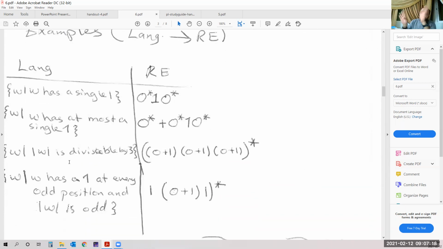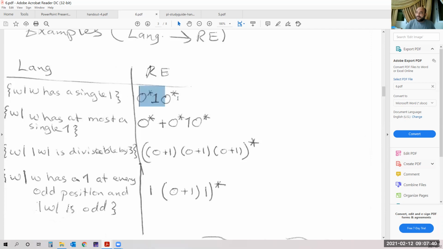Now, the opposite way. If I have a language of strings W, where W has a single 1, how can I write it as a regular expression? It doesn't matter how many zeros come before or after, but it should have a single 1. Then I put 0 star 1 0 star.